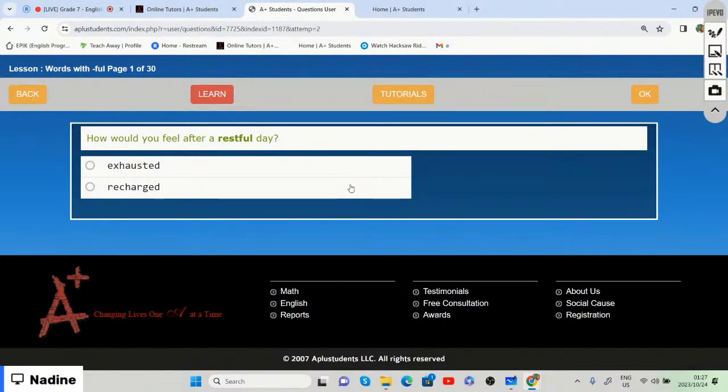Or do you feel recharged and rejuvenated? Exhausted or recharged? So if we are restful, are we exhausted or are we recharged?